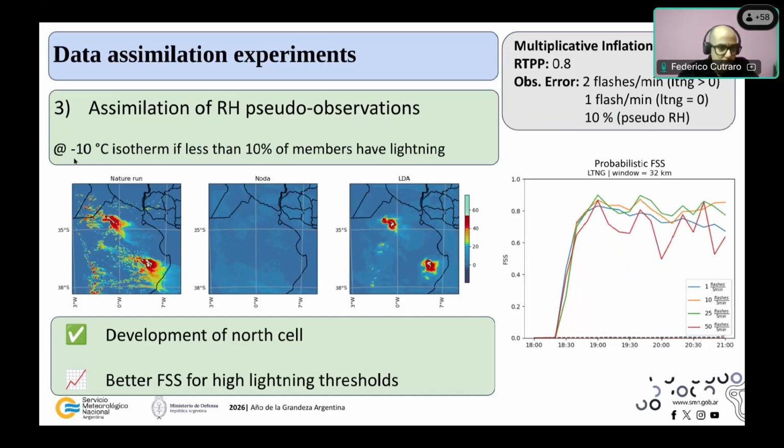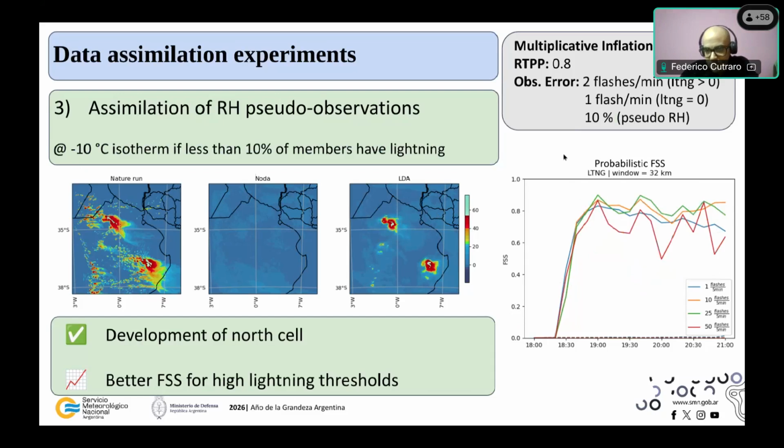This observation is assimilated at the minus 10 degrees isotherm, because at that height is where the lightning process occurs. In this case, we see the development of the North cell with the help of the injection of humidity, and also we see a huge increase in the fraction skill score.